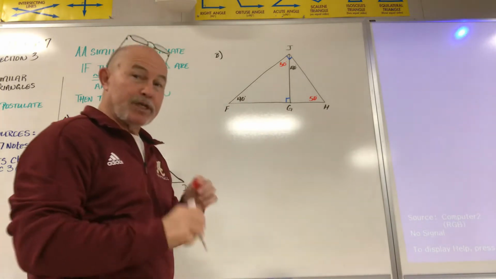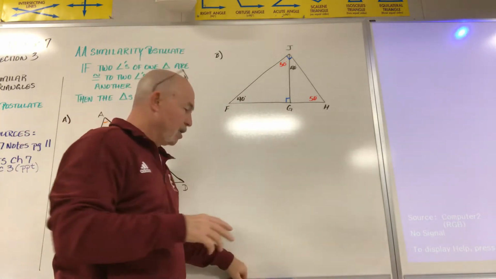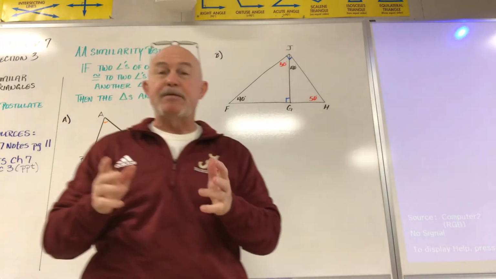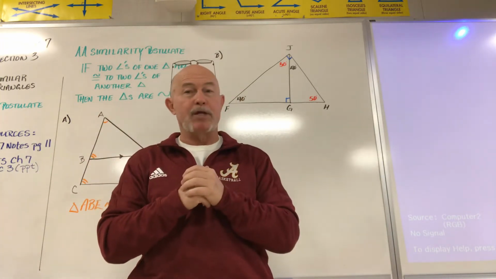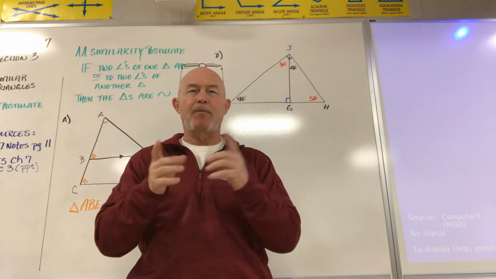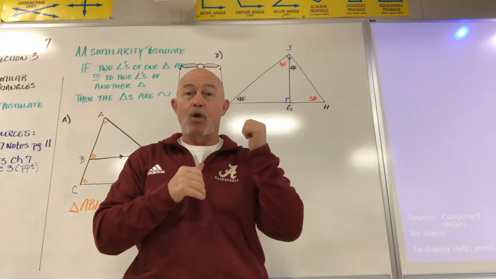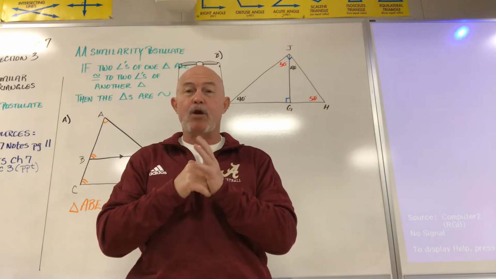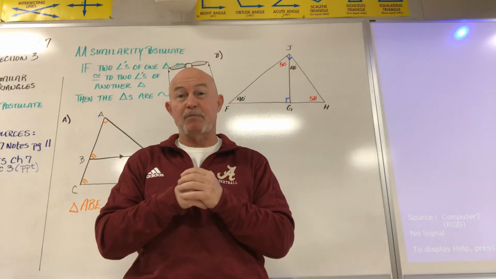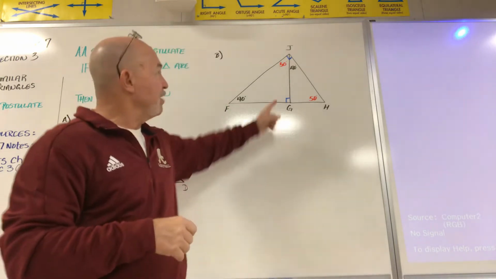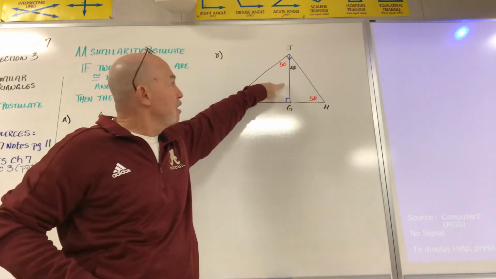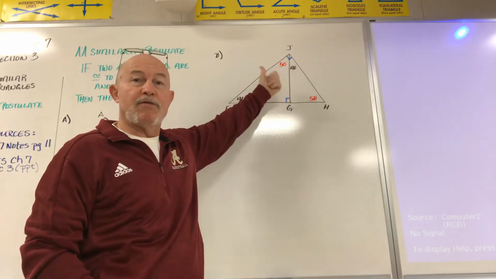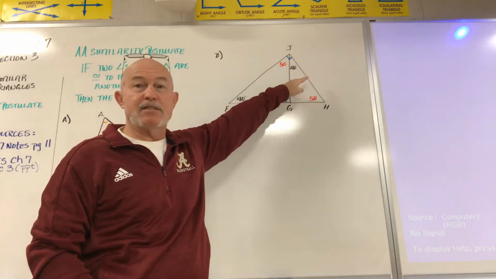I now have three triangles that are similar. We'll be dealing with this later on, primarily with right triangles and also with a little bit more on the similarity side, because we've just shown that three right triangles are similar. And if we remember back to what are parts of a right triangle, that's an altitude. That's an altitude. That's an altitude.